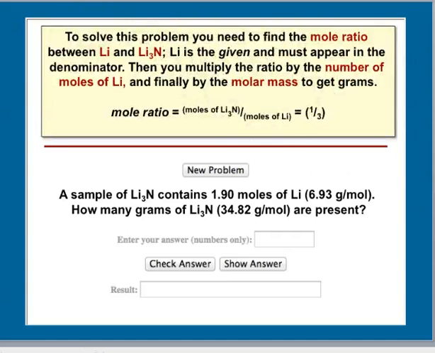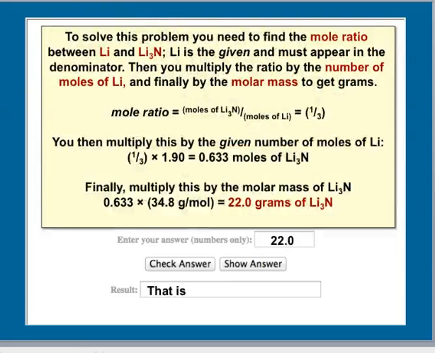Now, we are given moles of lithium. So we're just going to multiply our given by our ratio. We wind up with 0.633 moles of this stuff. Now I did 2 steps here at once.